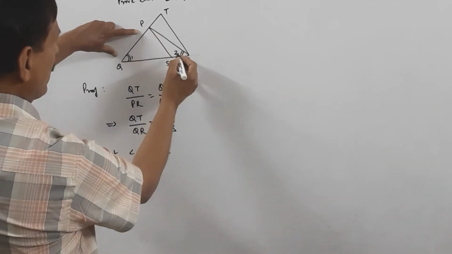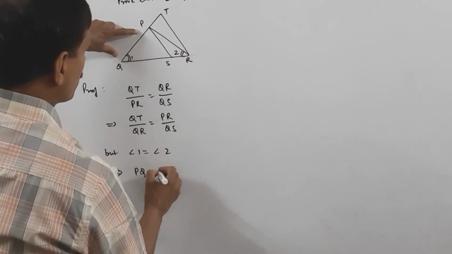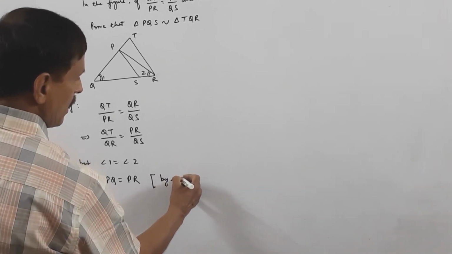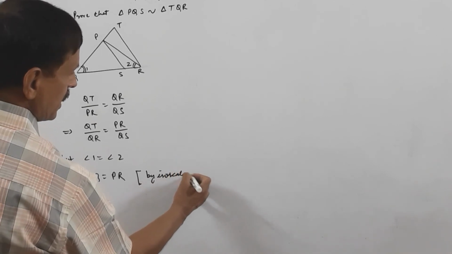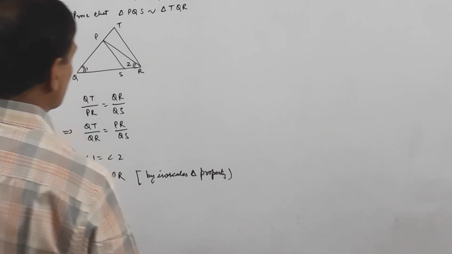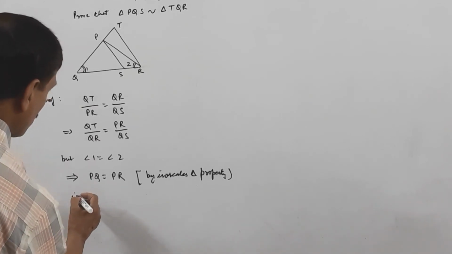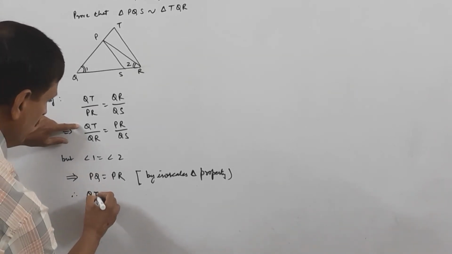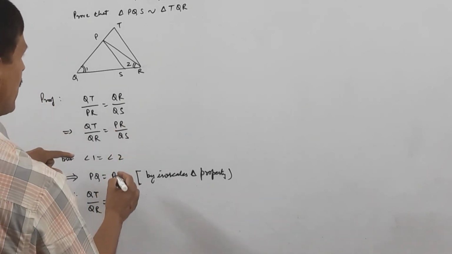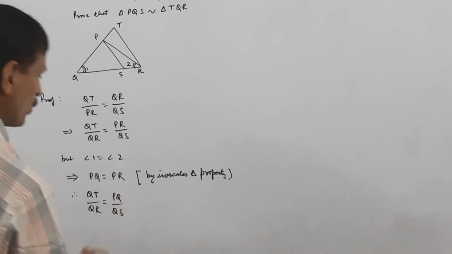that sides opposite to equal angles in triangle PQR are equal, that is PQ is equal to PR by isosceles triangle property, that is sides opposite to equal angles are equal. Therefore we can say QT upon QR is equal to, instead of PR we can write PQ upon QS.